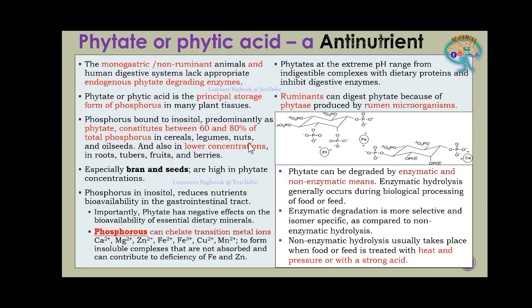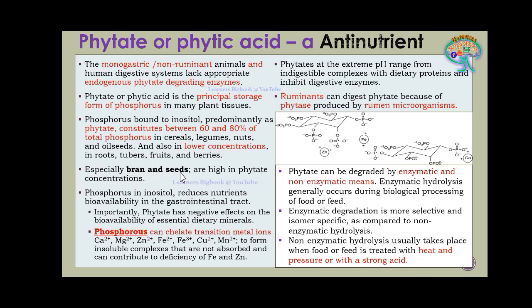Now here, in lower concentration it will also be present in roots, tubers, fruits and berries. So the high concentrations will be present in cereals, legumes, nuts and oil seeds, and in lower concentration in these. Further, the high phytate concentrations will be especially seen in the bran and seeds.